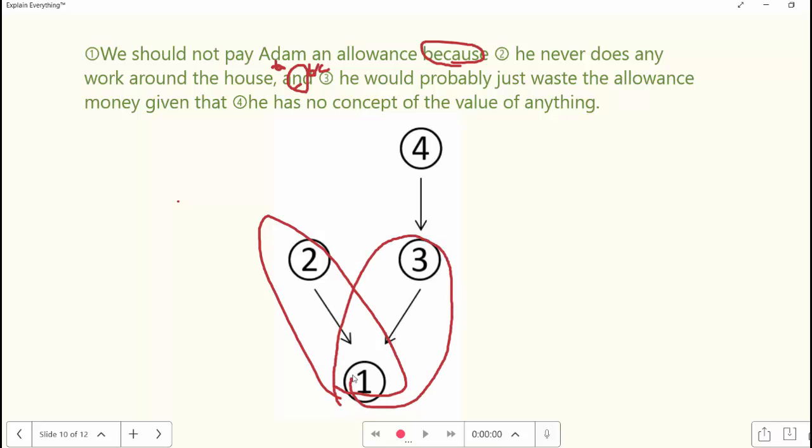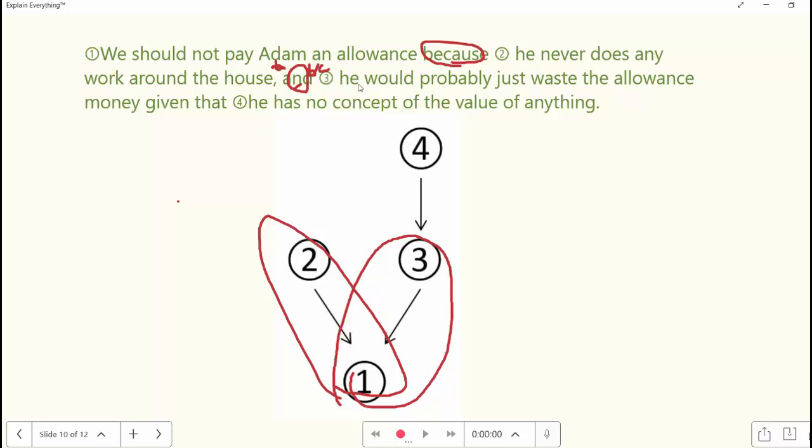So that implicit because here tells us that we have what would be another vertical pattern, but since we have two statements leading directly to 1 as independent information, we get it diagrammed this way.